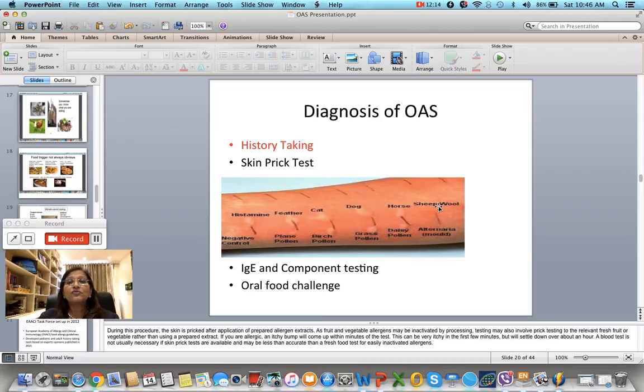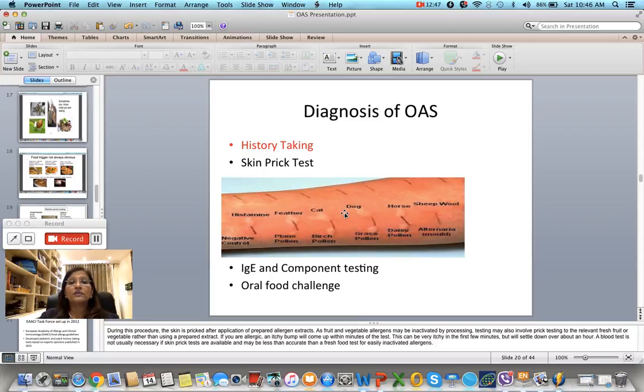The diagnosis of oral allergy syndrome is based on history taking, and that is the core component. Skin prick tests are also done. However, the commercially available skin prick tests might be negative. You will not get a good reaction because these antigens are heat labile, and when they make these commercial antigens for skin prick tests, the antigen is destroyed while processing.